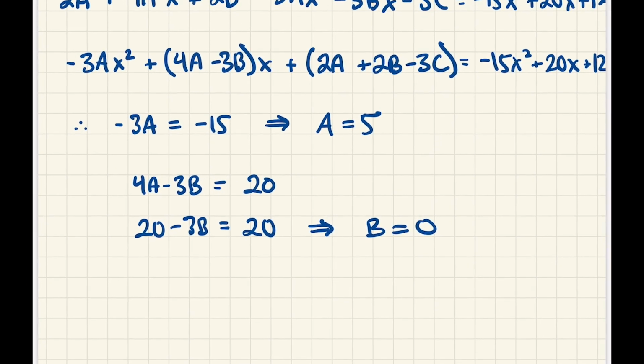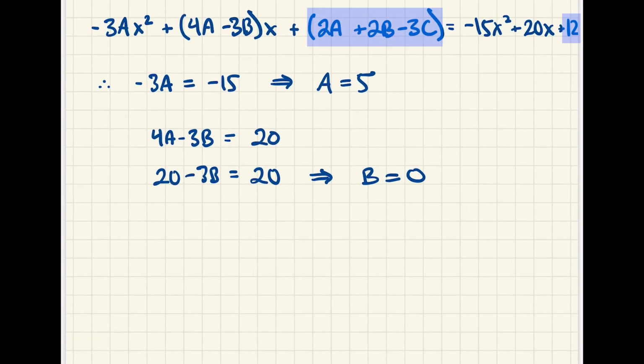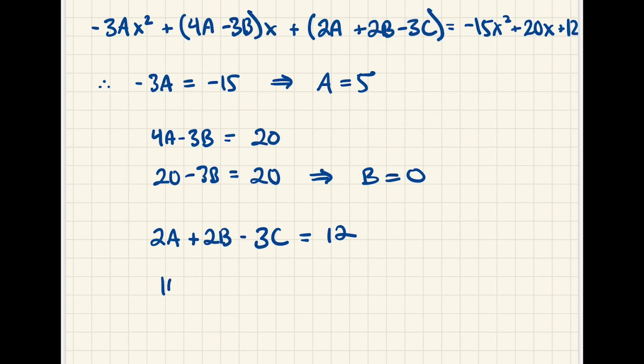And finally, equating the constant terms on the left and right, we have 2a plus 2b minus 3c is equal to 12. Well, we know a is 5, so 2 times a is 10. We know b is 0. So we can use this to find c.